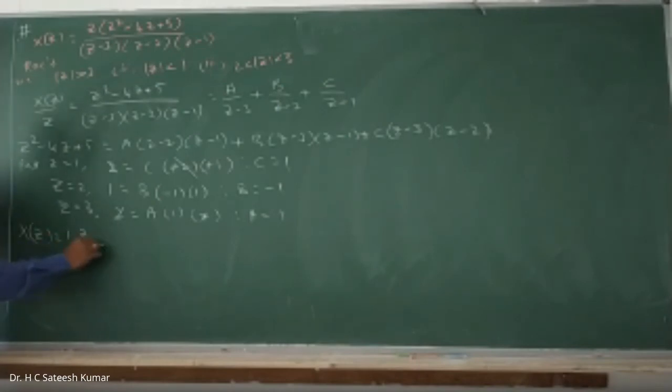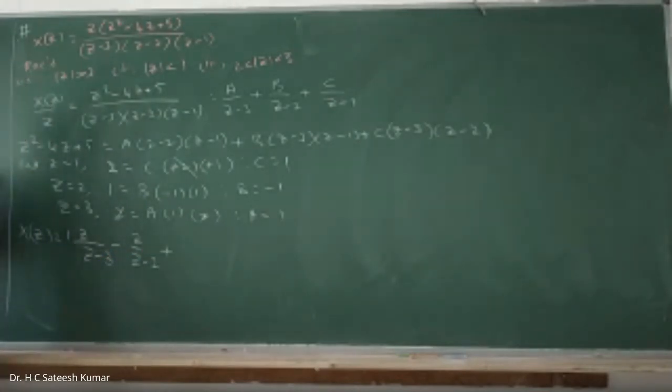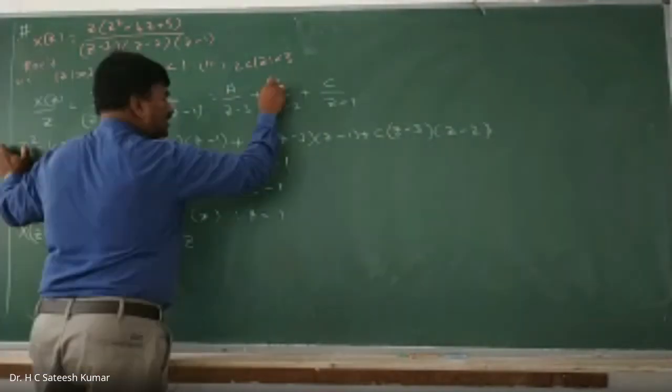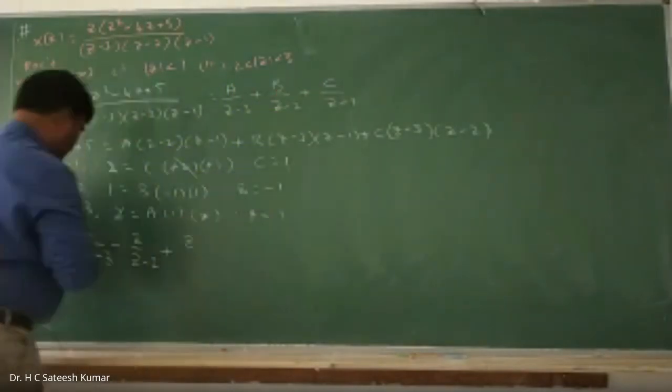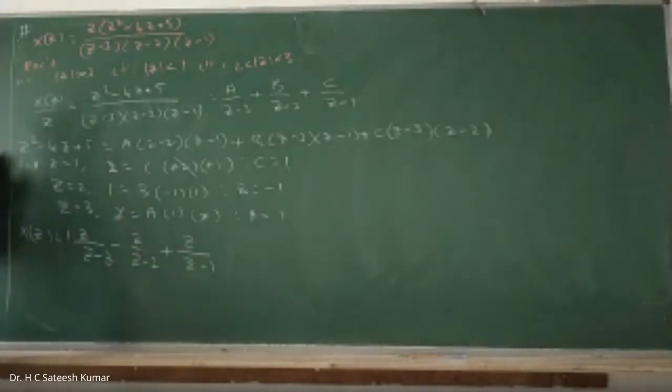Cross multiply, what will you get? z divided by z minus 3. b is minus 1, z divided by z minus 2, plus c is 1, z divided by z minus 1. That is, with a, b, c values 1 minus 1 plus 1. That's it. Now you go for sketching the ROC and write down the x of n.